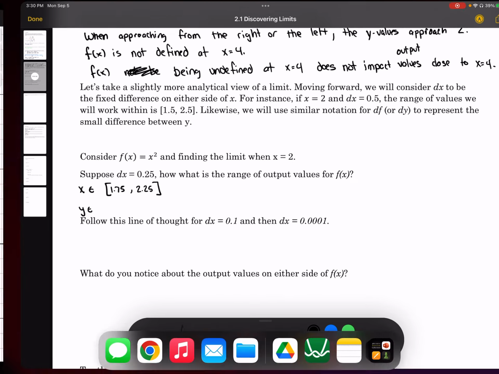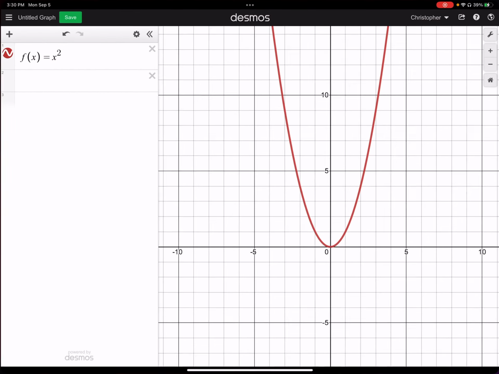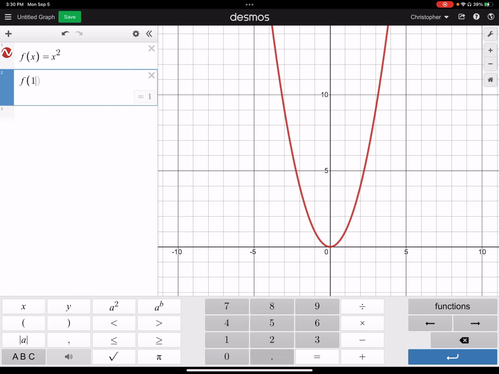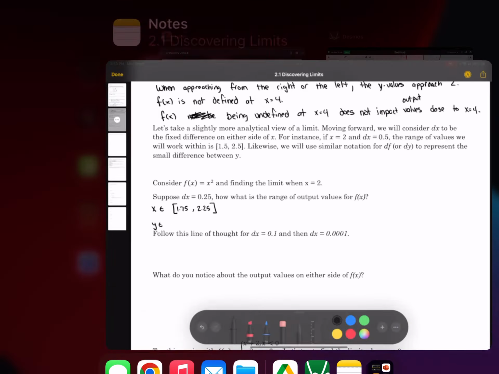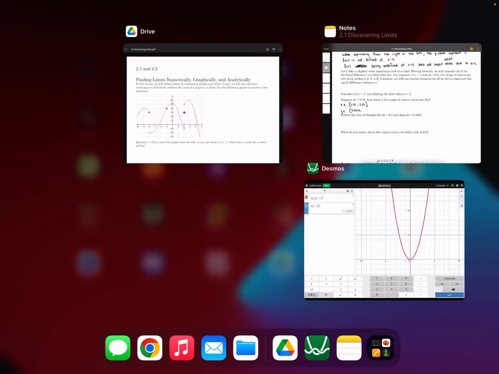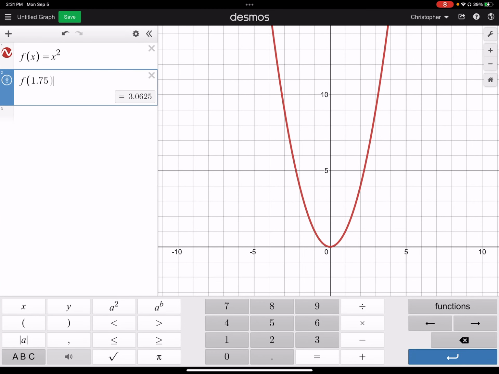And so then we want to see the range of our y values. To do that, we can just go over to Desmos. So we're going to put in f of 1.75. That's going to give us 3.0625. Actually, I'll show you what we're doing.